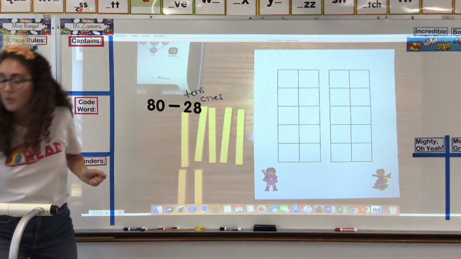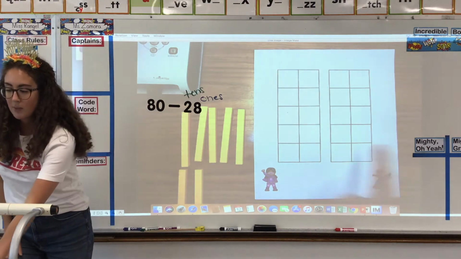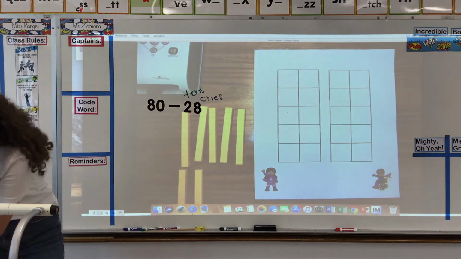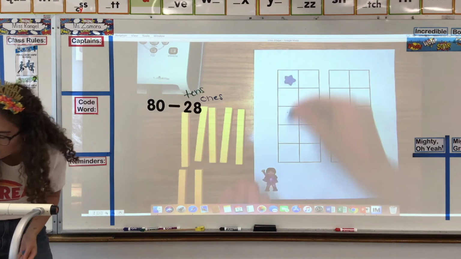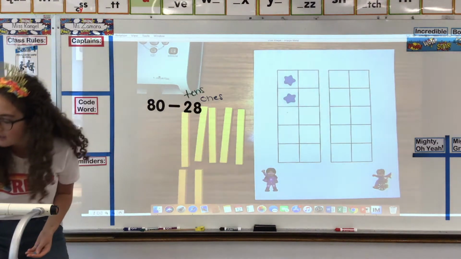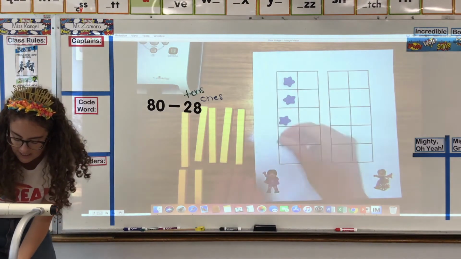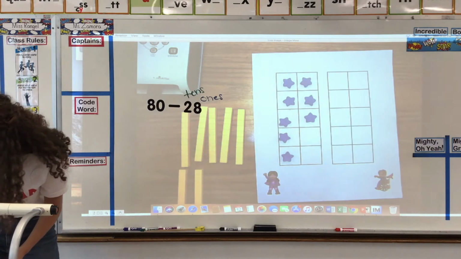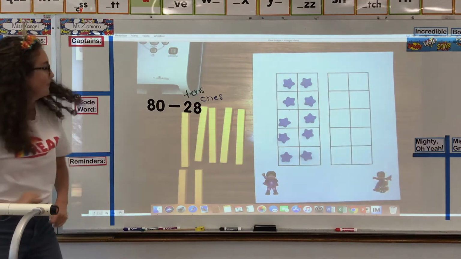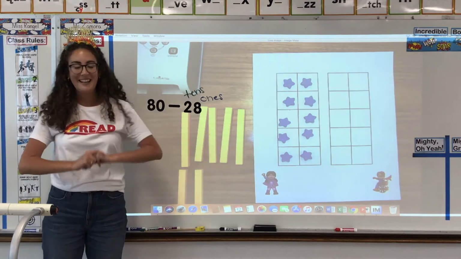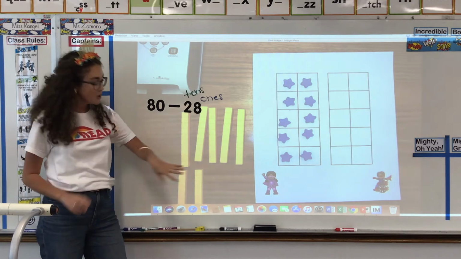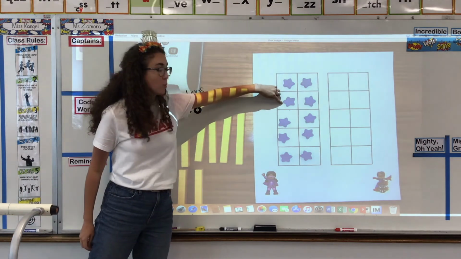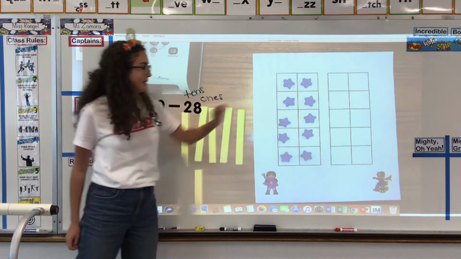When we unbundle that larger unit, what are we going to make? 10 ones, of course. Can you go ahead and show that? You just unbundle a 10 and you're getting 10 ones. Awesome. So you should now have one less 10 because we're showing it as 10 ones instead.